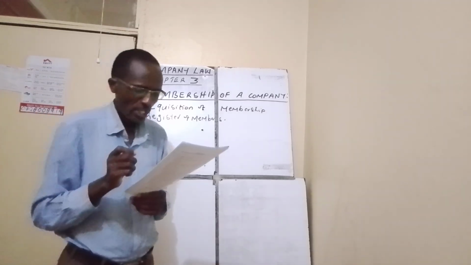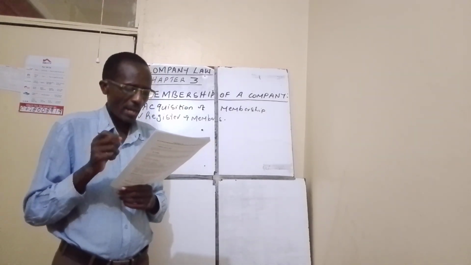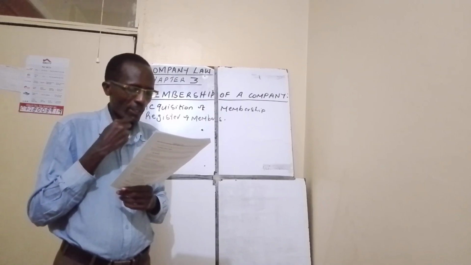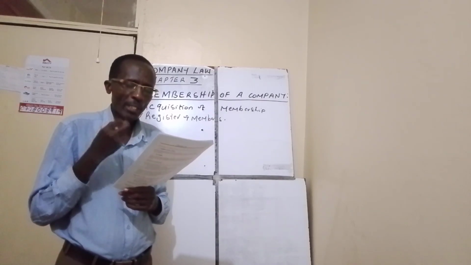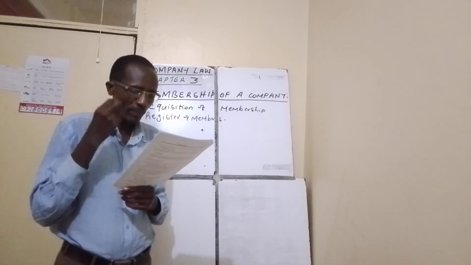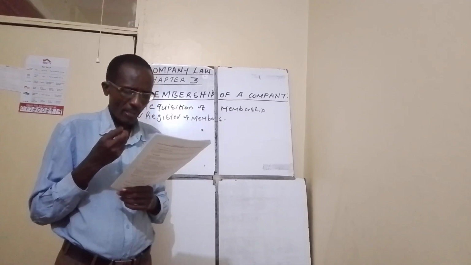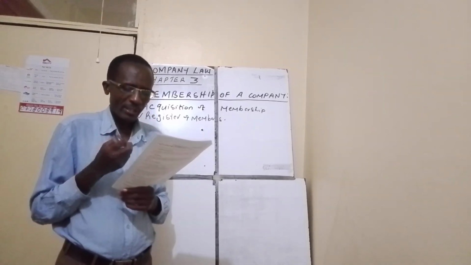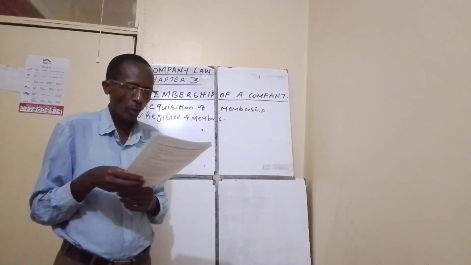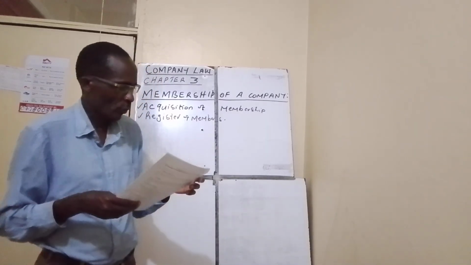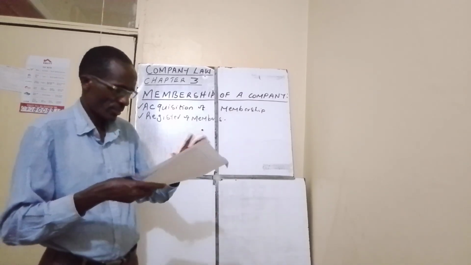All the other persons must pay a prescribed charge. A member who applies for a copy thereof must be furnished with the same within 14 days of the application. It is a criminal offense to deny a member the right to inspect the register and index or refuse to give him copies on request. So that is all about register of members.